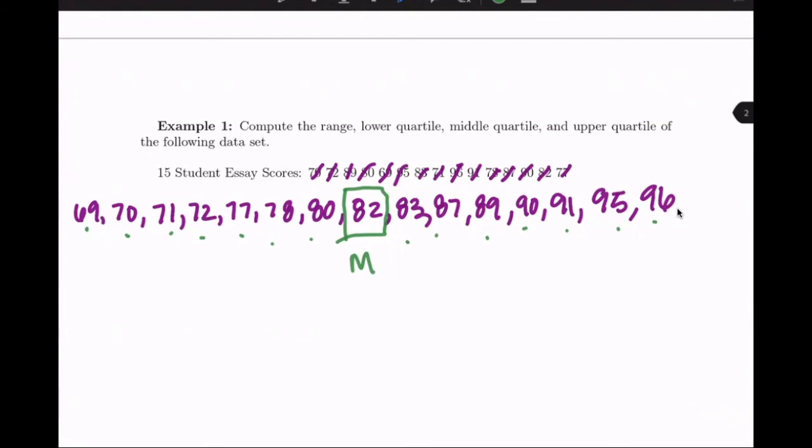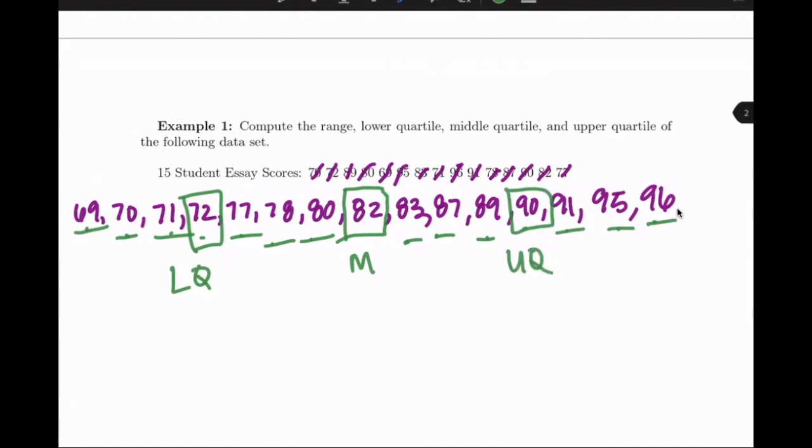So we'll look here, and it looks like we have, let's cross out the lines, 72. So here's our lower quartile. All right, and now we find the median of the upper half. All right, looks like we've got 90. Okay, so once you have found the median, you just divide your data set into these two halves, and you find the lower quartile and the upper quartile. You find the median of the bottom half, the median of the top half.